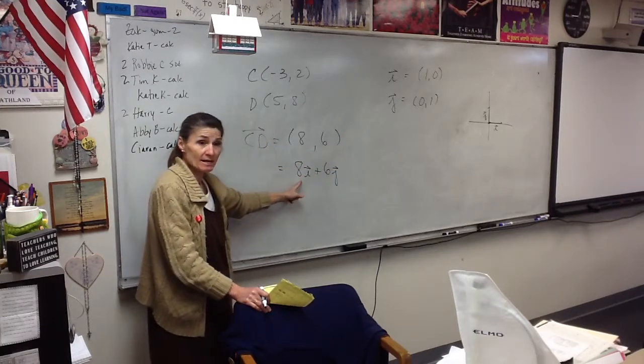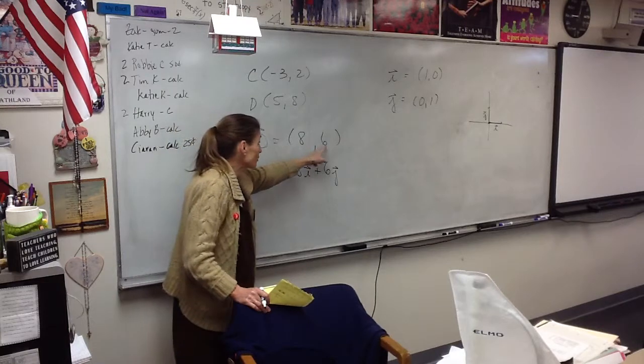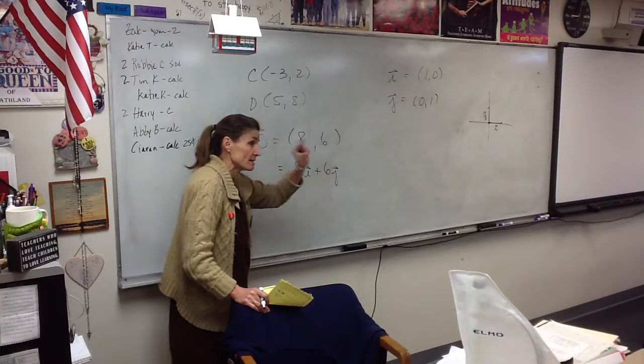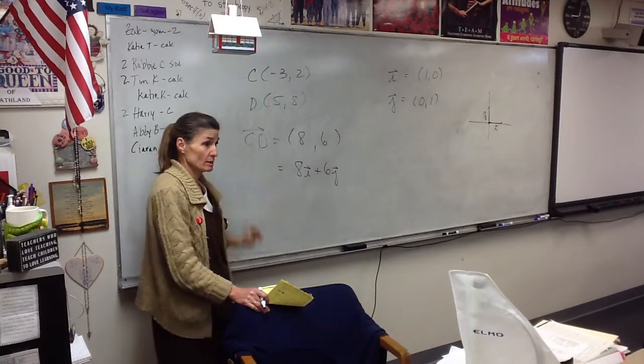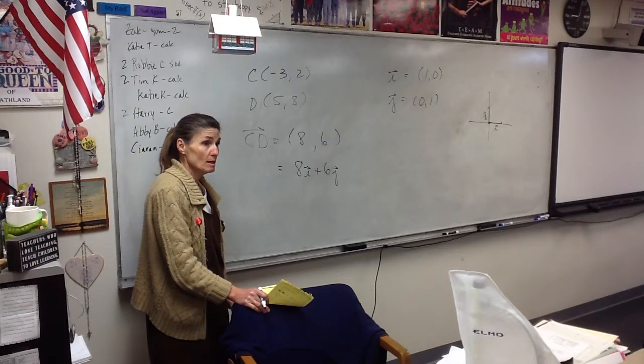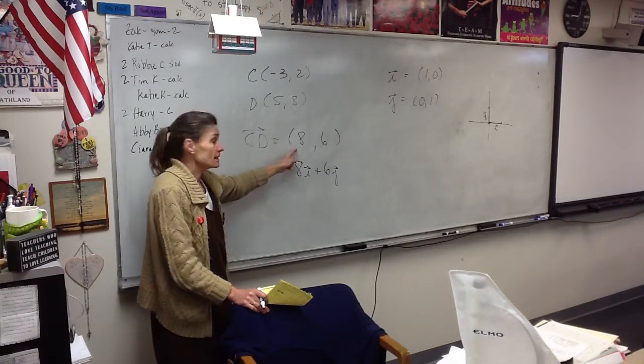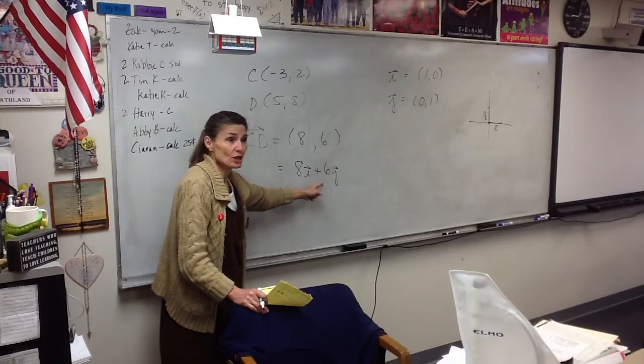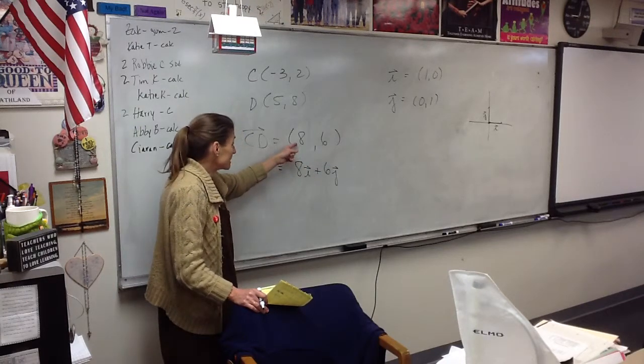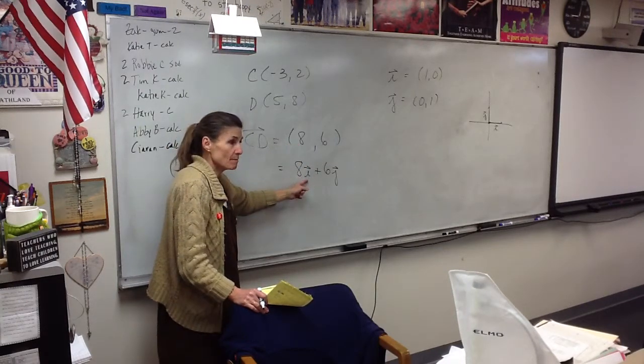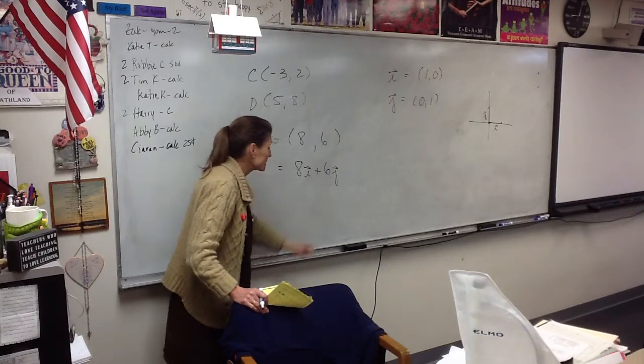So that's 8 I's. And then similarly, this 6 would represent 6 vertical steps. So any vector can be written in terms of I and J by taking whatever the x is times I and whatever the y is times J.